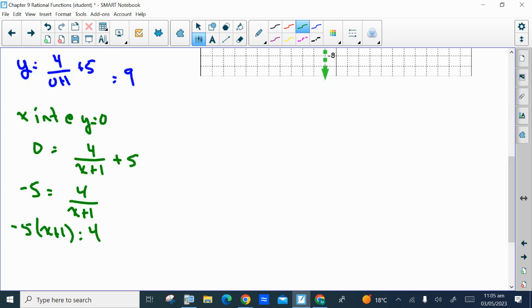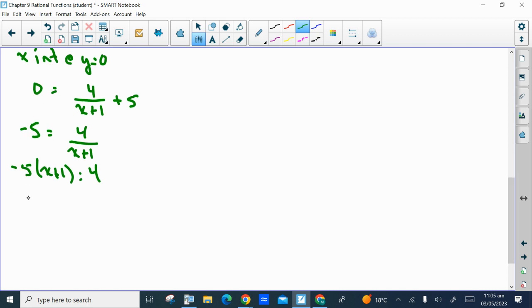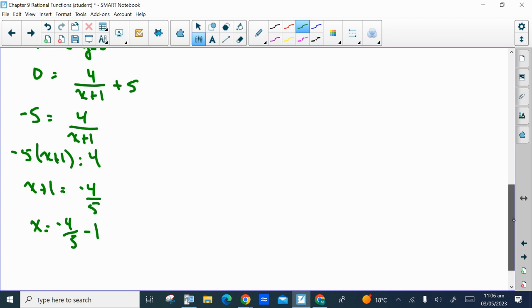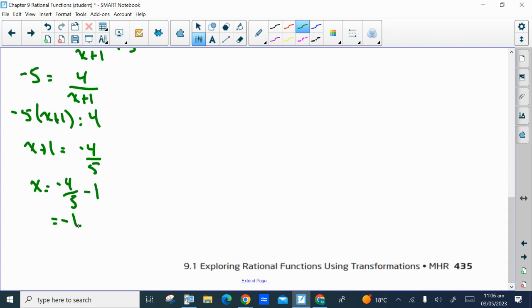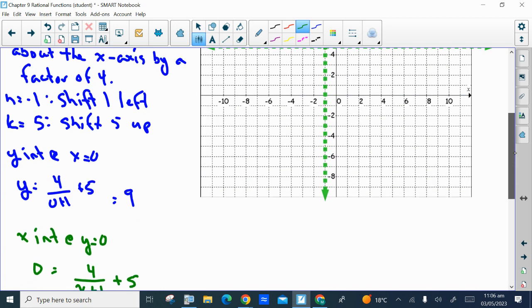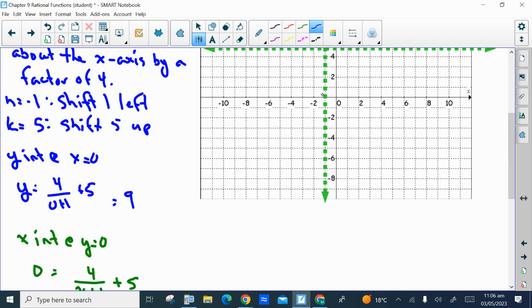I would now divide both sides by -5 instead of multiplying out the brackets. You could, but don't have to. So that'll be -4/5, and then we'll subtract 1 from both sides. -4/5 is -0.8. Take away 1 is -1.8. There's our x-intercept at -1.8, approximately there.